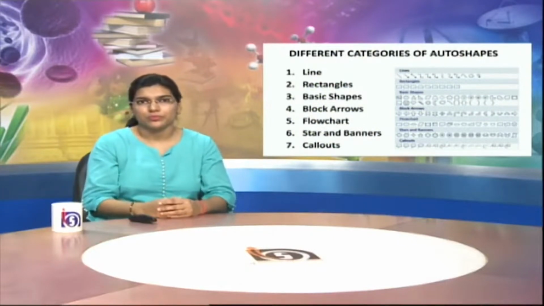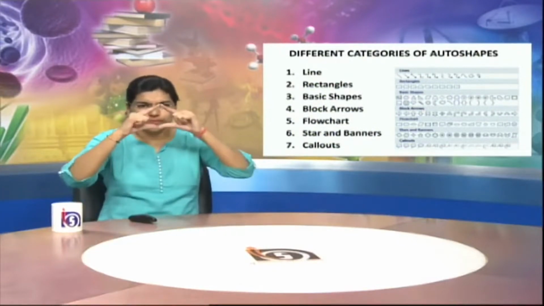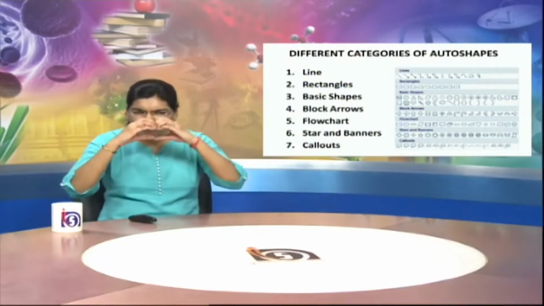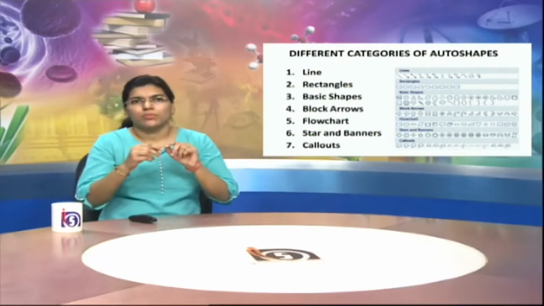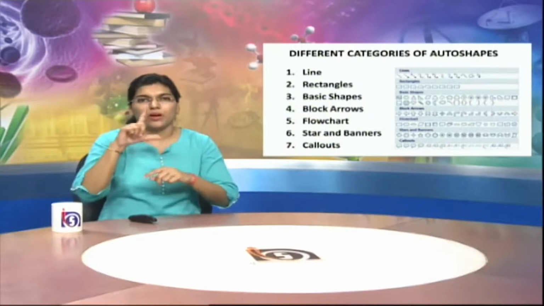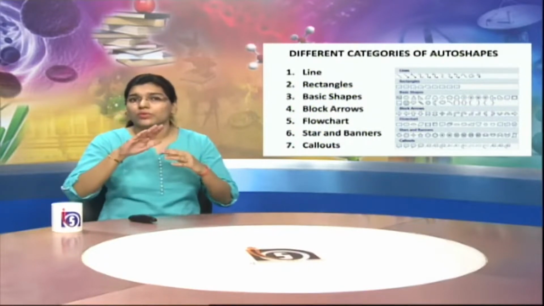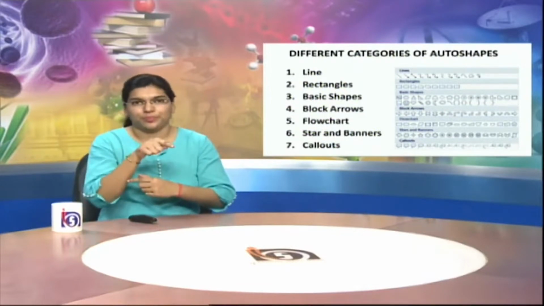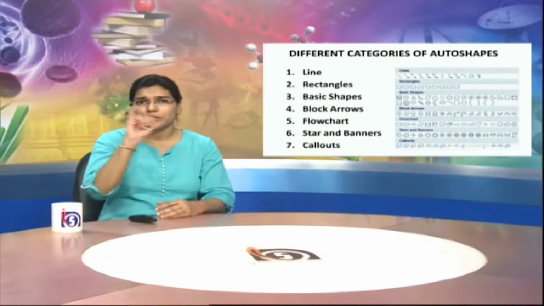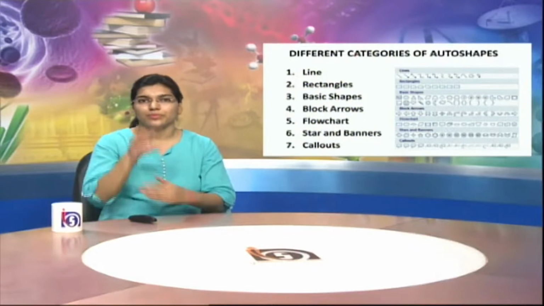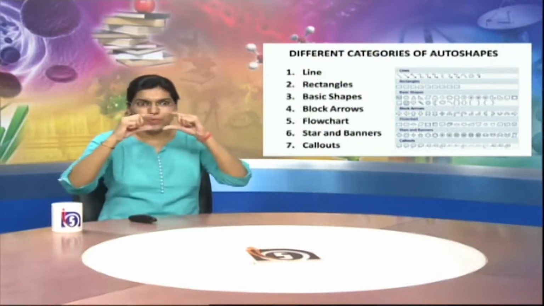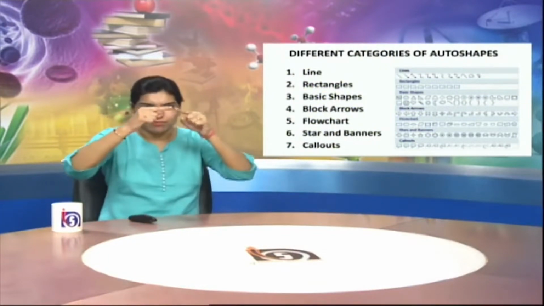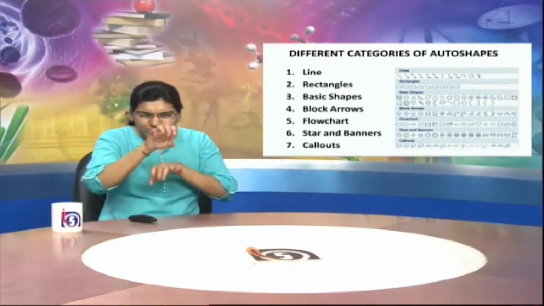Fifth word is flow chart. When you make any flow chart, you use these symbols. This is F-L-O-W, flow chart. And then the sixth word is stars and banners. You use different shapes.